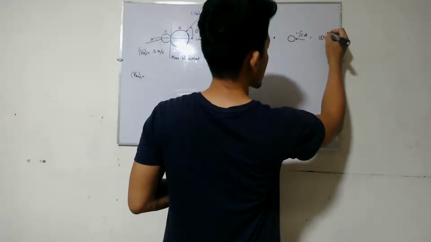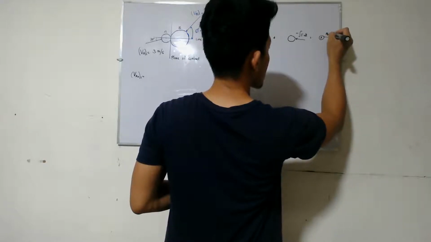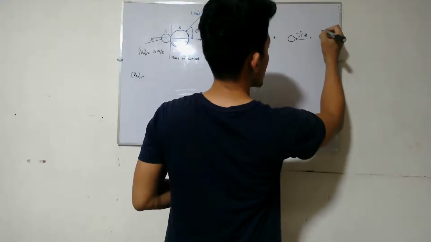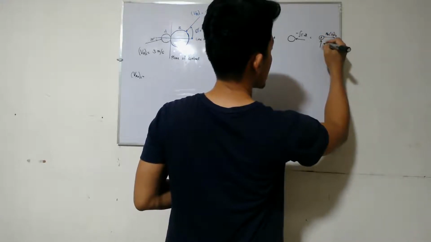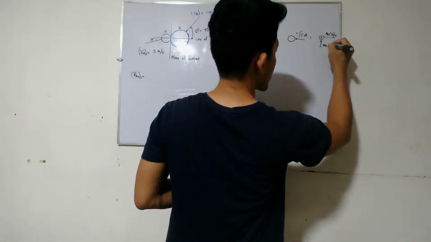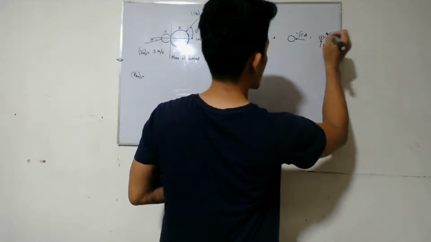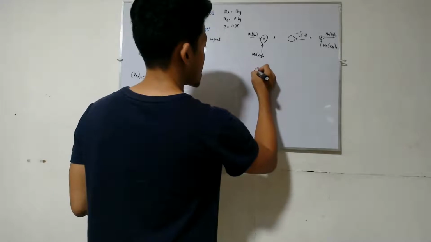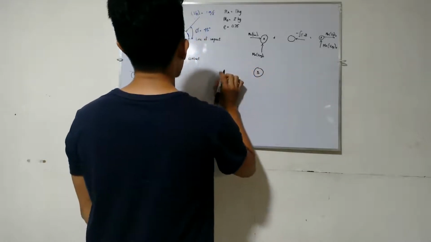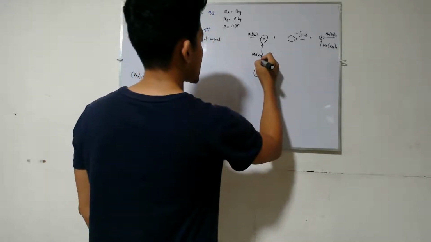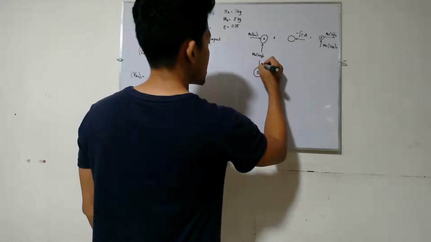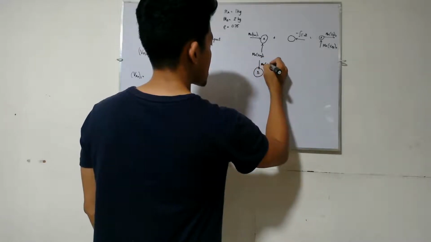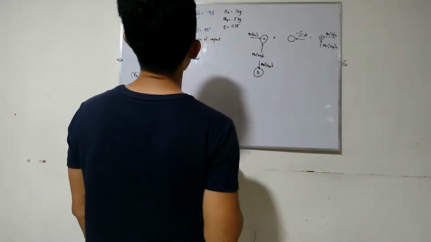Going right, MAVAX2, and upward MAVAY2. For mass B, again, for B going downward, MB velocity VBY1.